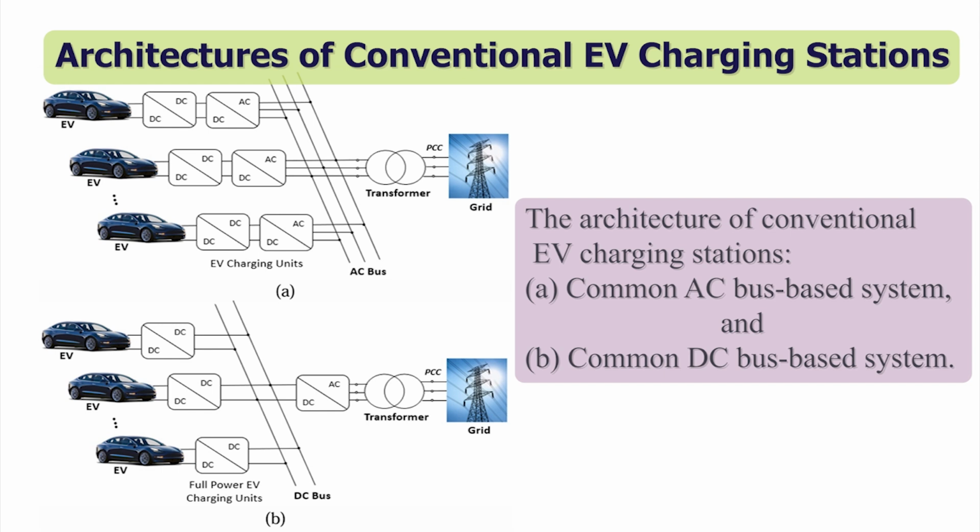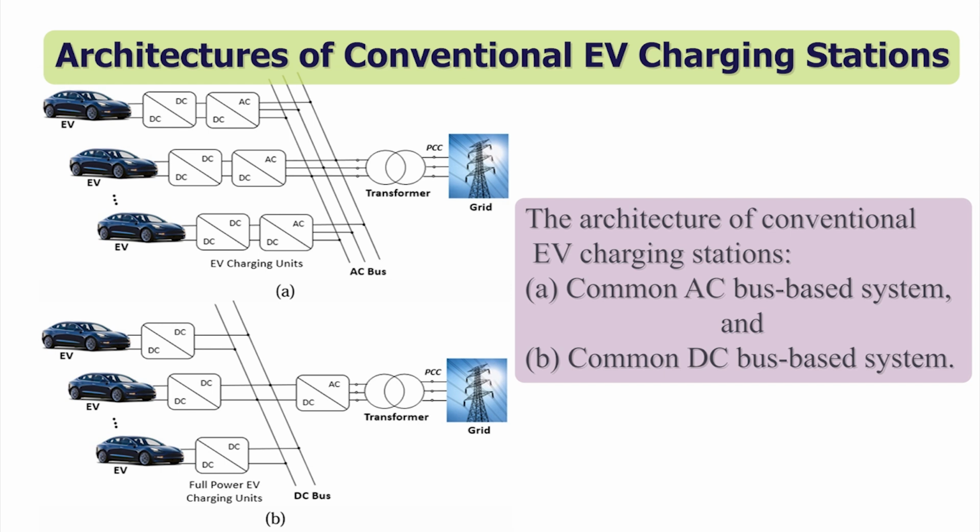So, MV is stepped down to LV level, and then at the AC bus we can connect these AC to DC converters, because ultimately the electric vehicle battery needs DC supply.